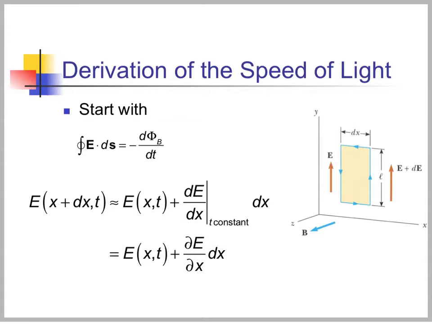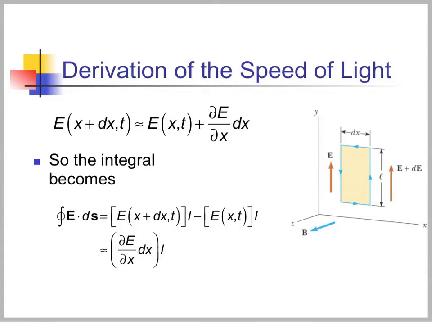So if I take this value and I put it in the integral of E dot ds, well, the electric field is in the y direction here, so it's going to be the electric field at this point times the length of this box minus electric field at this point times the length of the box. And when I put that in, all I get is the derivative of E with respect to x times dx times the length of the box.